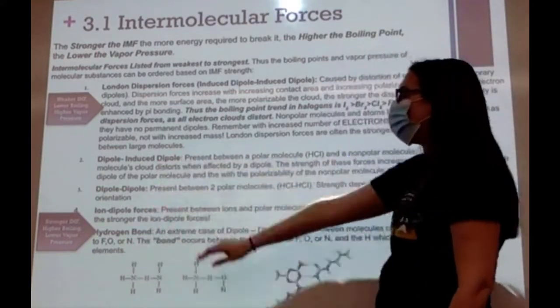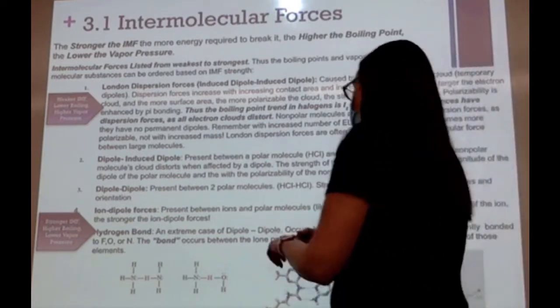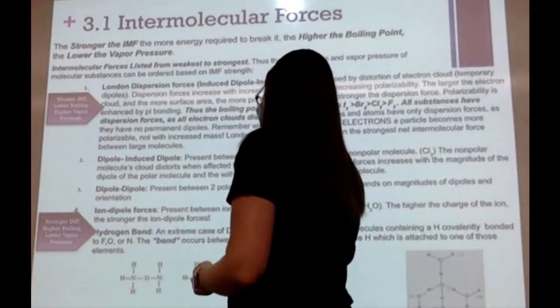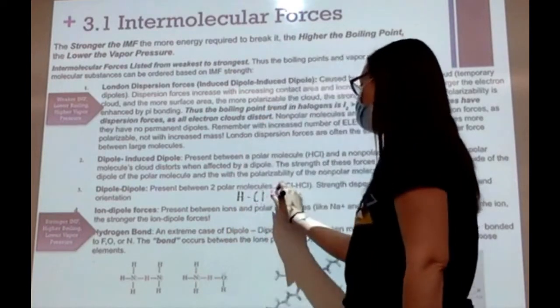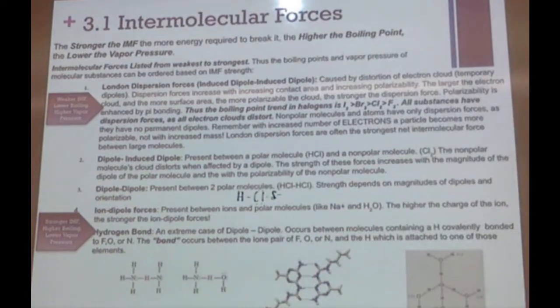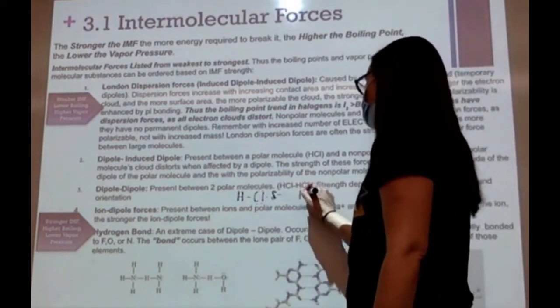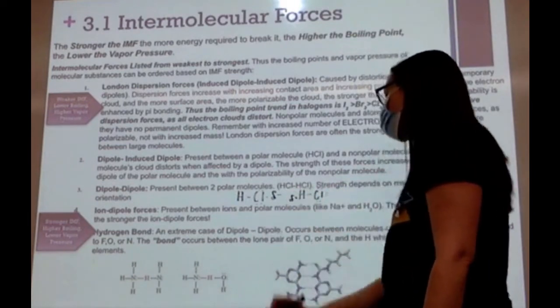Then we go to dipole-dipole, present between two polar molecules. That is when the partial negative side of one molecule is attracted to the partial positive side of another. An example, if we look at HCl, because Cl is more electronegative, Cl is going to carry the partial negative side, and then hydrogen carries the partial positive side.